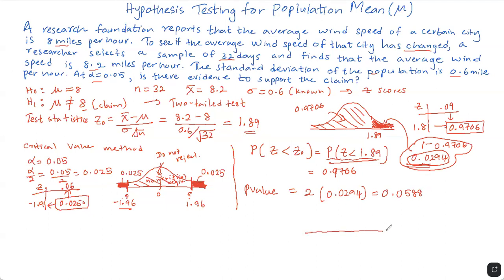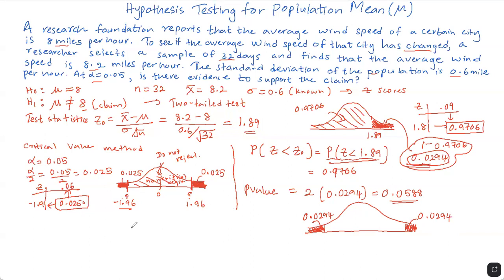So that means we have both tails. One tail is 0.0294 and the other tail is also 0.0294. So both the left tail and the right tail give us the p-value, which is 0.0588.